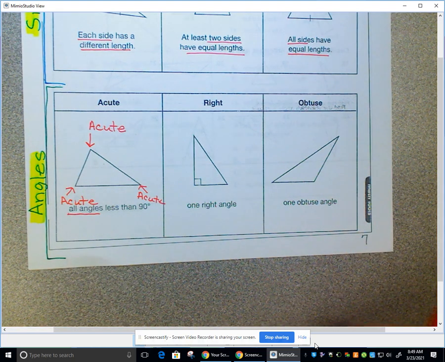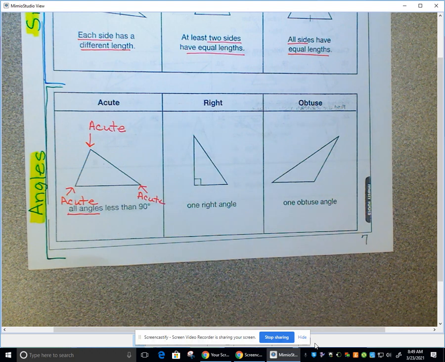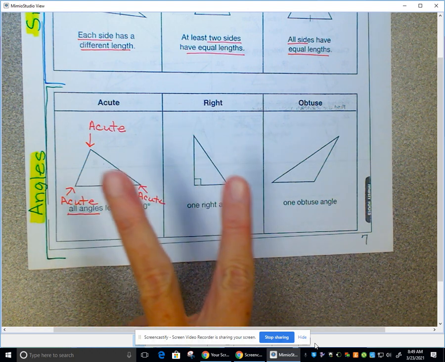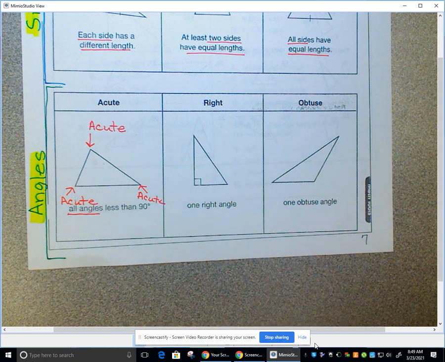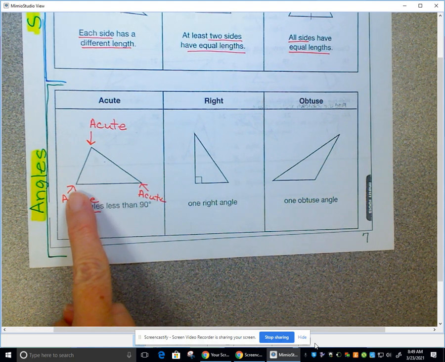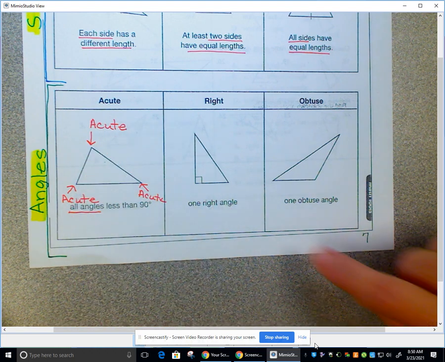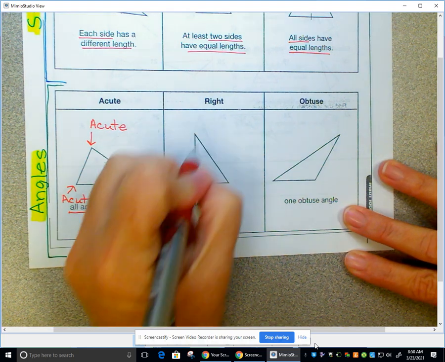Now, let me let you in on a little trick or a little secret. Every triangle has at least 2 acute angles. Let me repeat that. Every triangle has at least 2 acute angles. The third angle will give it its name. So if I say acute, acute, whatever the third angle is tells me what kind of triangle it is. Look at this one. Let me find the acute angles.